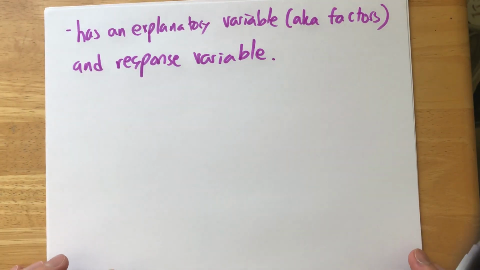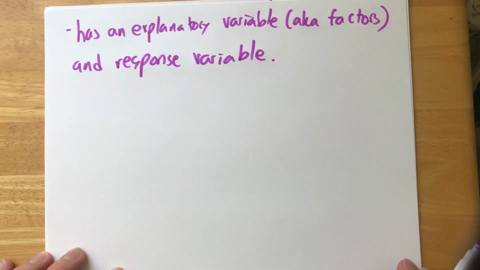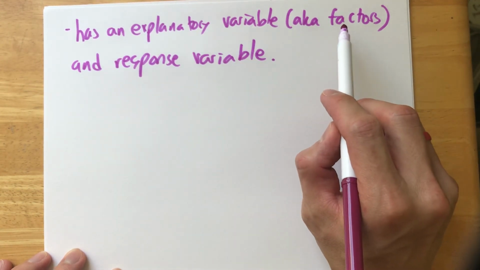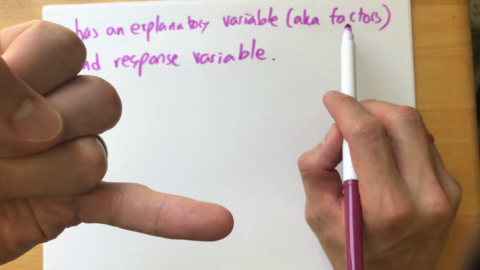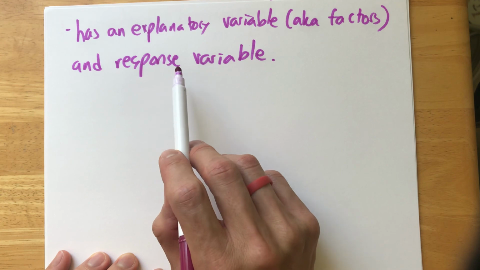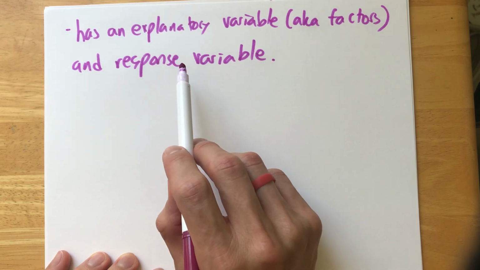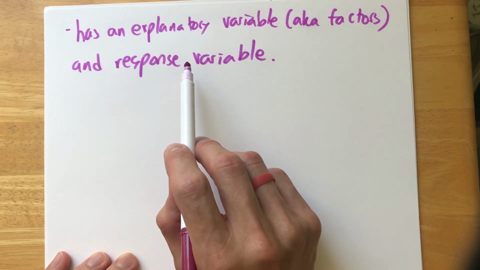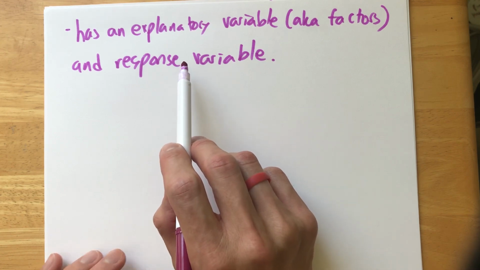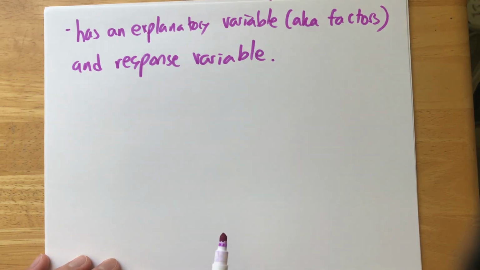So in the example of the coronavirus vaccine, the amount of vaccine that you give to an individual could be your explanatory variable. And the factors, right, we have three factors. We have the placebo, we have half a vaccine and a full vaccine, and your response variable is anything you choose it to be. It could be the number of days it takes for someone to recover from the coronavirus. It could be the number of, like, healthy cells in their body. So there's a lot of ways that you can measure that.